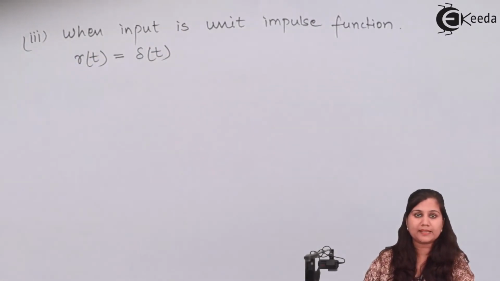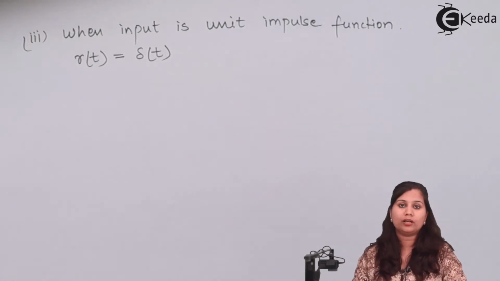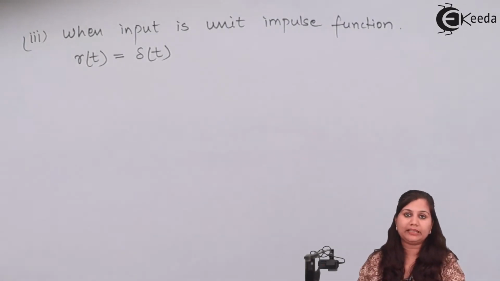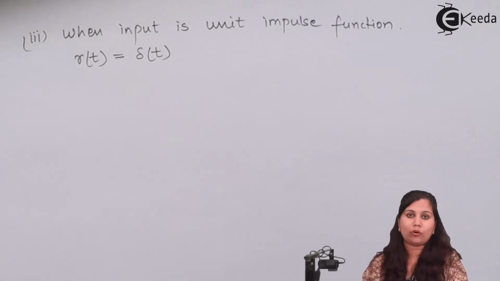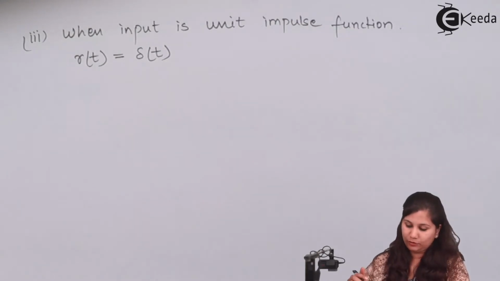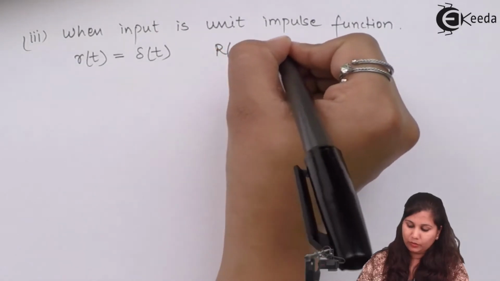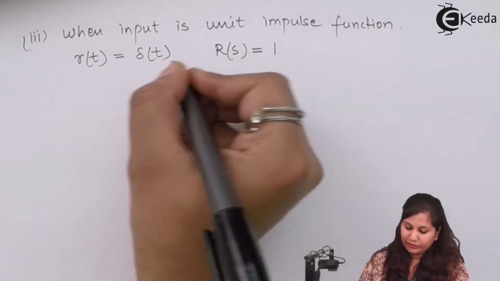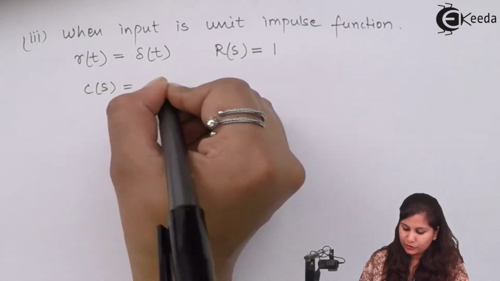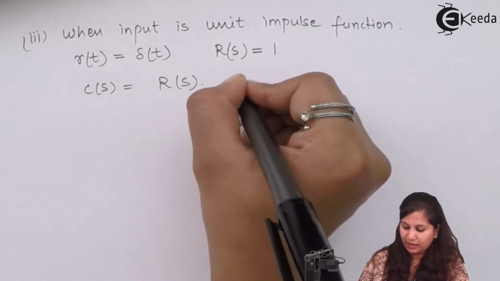It has the value infinity at time t equals 0, and at all other points its value is 0. So its Laplace transform will be 1, and we are going to put this value in the equation from where we started.